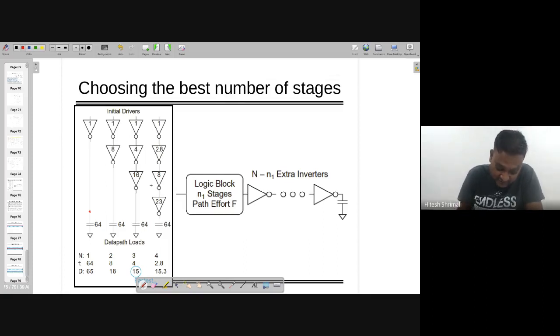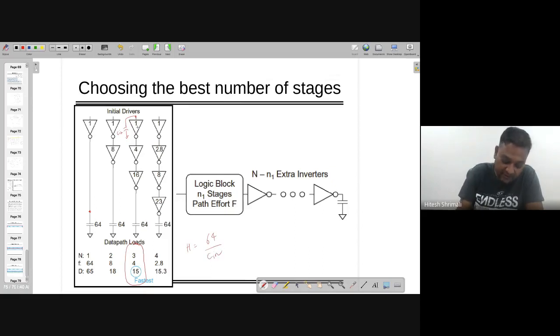So you can see that it's claiming that this particular configuration, which is driving from a given value of input capacitance to the output, whose electrical effort is 64 by C in, can drive better than the 4 stage.